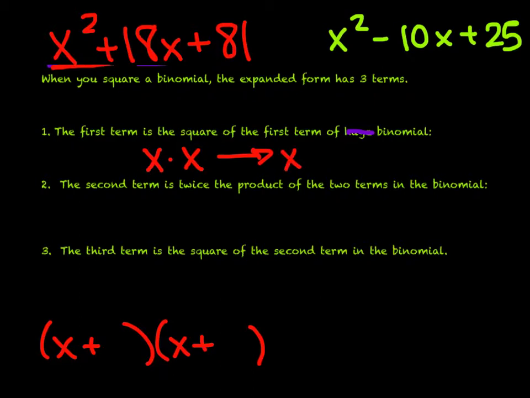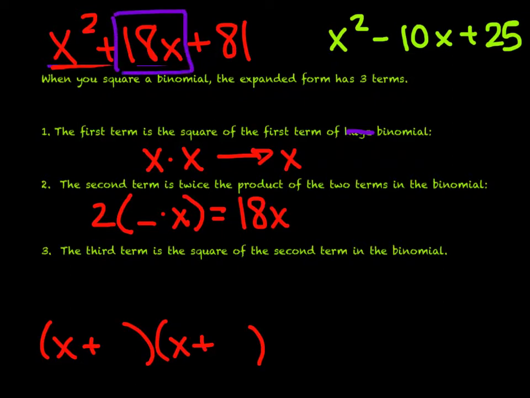The second term, she says, is twice the product of the 2 terms in the binomial. So we could say we have 2 times a number times x would be equal to 18x, our middle term. 2 times a number we don't know times x gets me 18x.